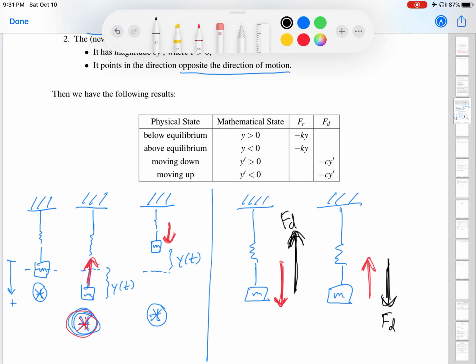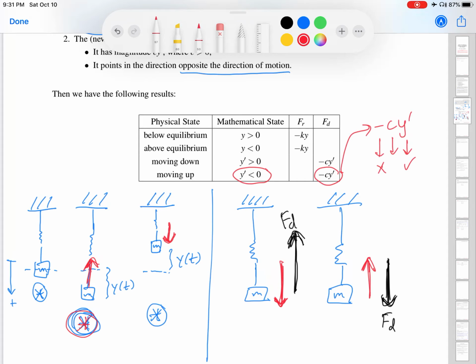And then we go back to analyzing the damping force. So we said it's moving down, same direction as our positive direction, so the damping force is positive. And then we go and analyze all the terms here. So let's look at minus cy prime. This is negative, so we don't want that. This is positive, so that doesn't change anything. But then y prime, we said, is negative.